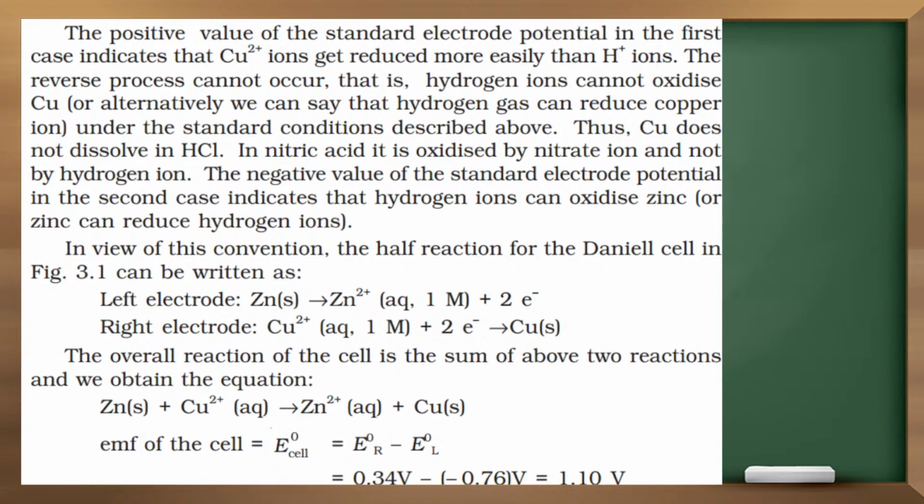So the positive value of the standard electrode potential in the first case indicates that the copper 2 plus ion gets reduced more easily than H plus.